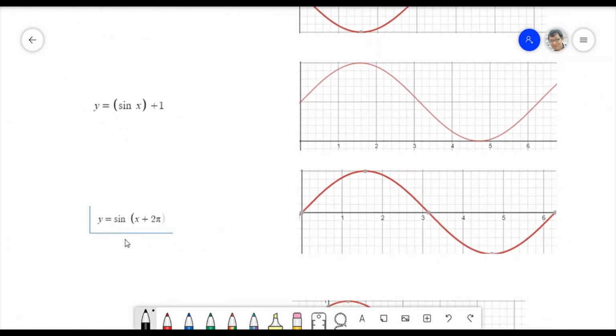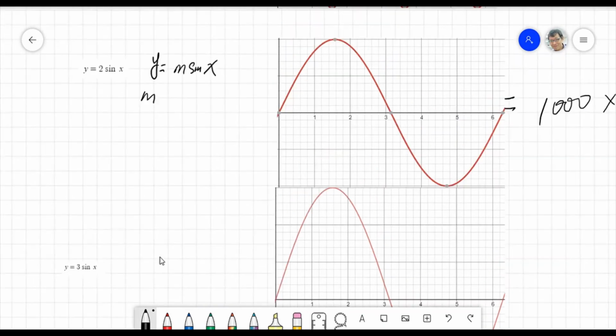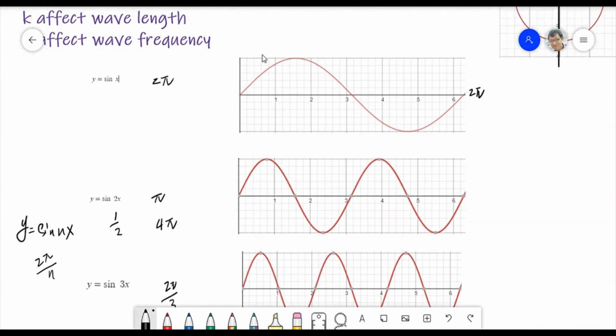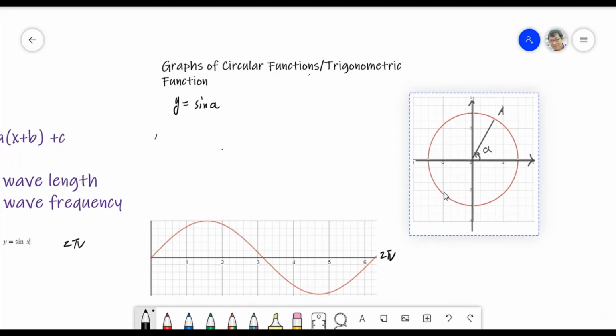Okay, similar things happen. Let's observe. What is y equals sine of x plus 2 pi? Is there any difference from y equals sine x? Totally the same, right? And why? Based on our graph, you can see the line keeps swirling, goes one cycle and comes back again.